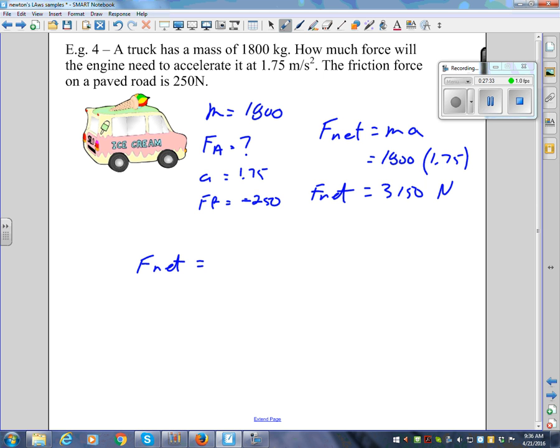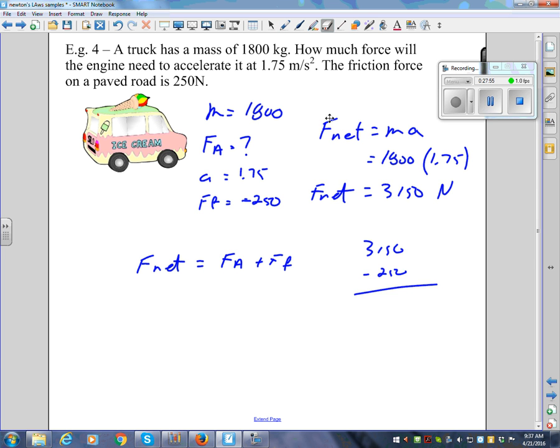F net is equal to FA plus FF. Here's where I can tell the people that want to do the shortcut, because this is what the shortcut people do. They just do a subtraction. And that, my friends, is wrong.